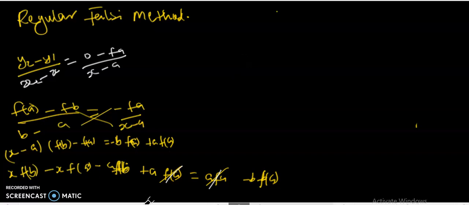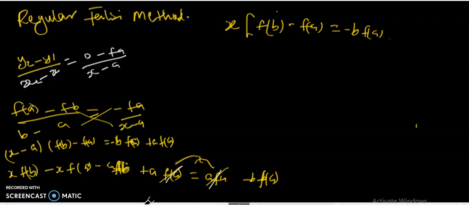So now once we cancel these two, we'll be left with x into f of b minus f of a. This will be equals to negative b f of a plus a f of a.